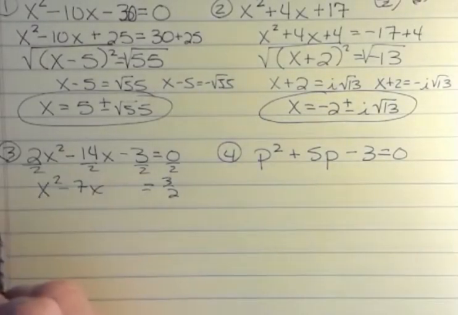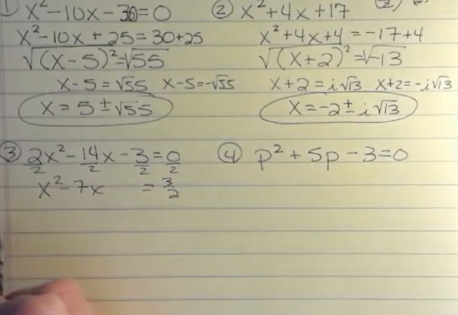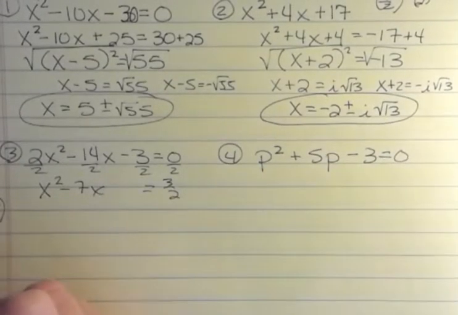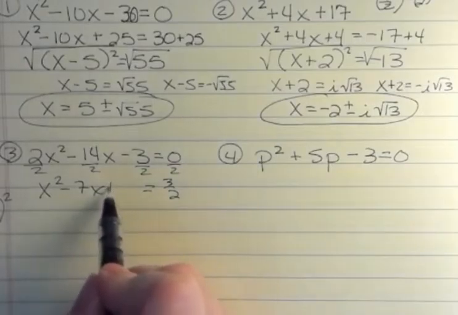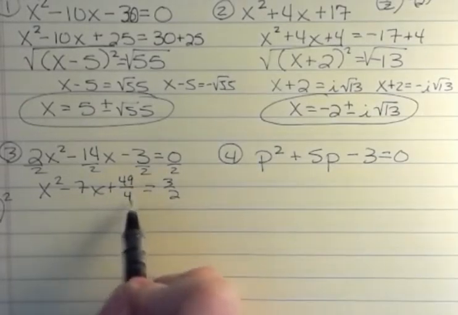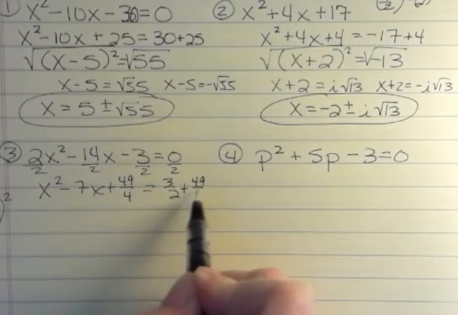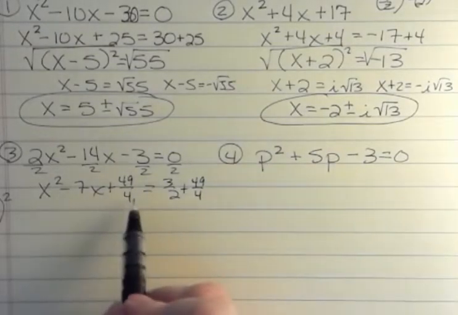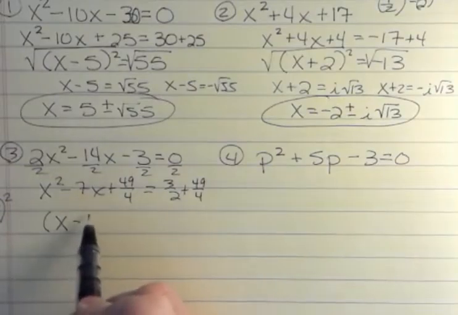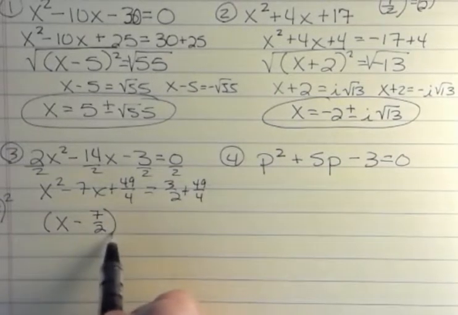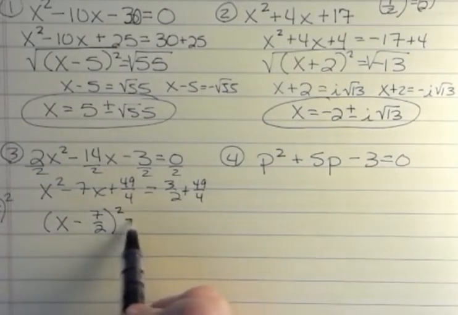Unfortunately, I've got an odd number here. And if I take negative 7, divide by 2, and then square it, I'm going to get 49/4 that I'm adding to both sides. And then I'm going to factor this, but I know that it's going to factor having a negative 7/2 in there, because that's a nice shortcut to know.